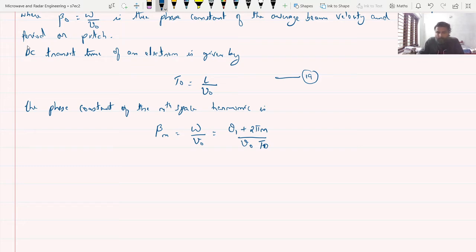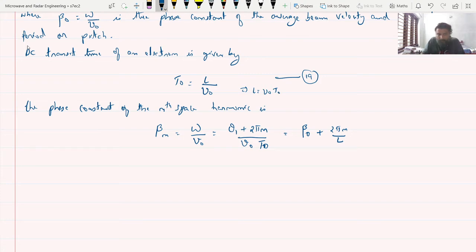In general I can write theta 1 by v naught t naught as beta naught, plus 2 pi n by L, because L is nothing but v naught into t naught.